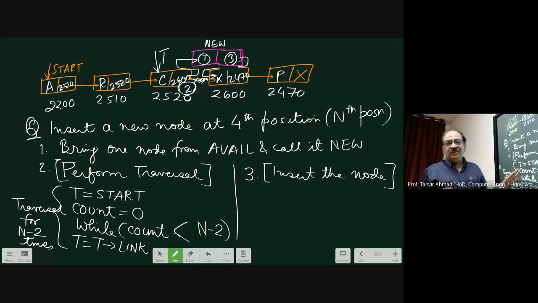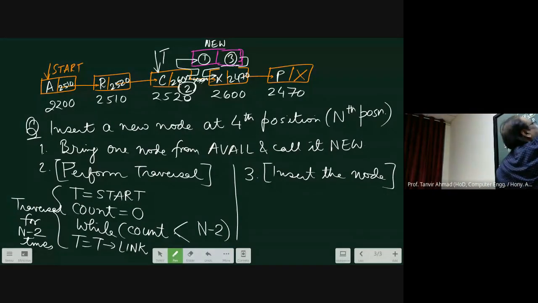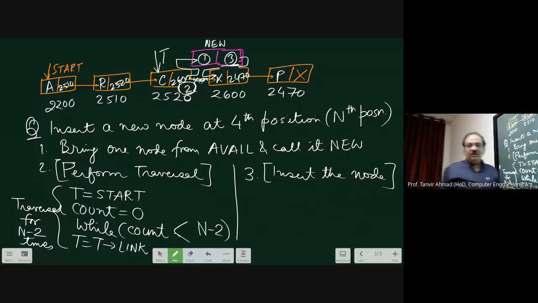Therefore, this is wrong. Don't do part 3 before 2. The rule says that always modify the new node first. That means you cannot do 3 first and then 2. It should be the other way around. This is the thing you have to remember: always modify the new node first. Then I just come back.